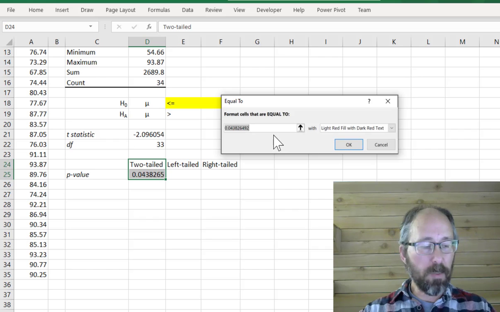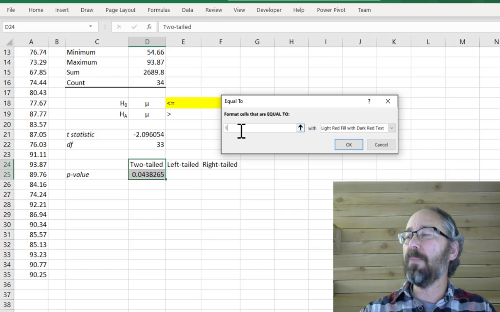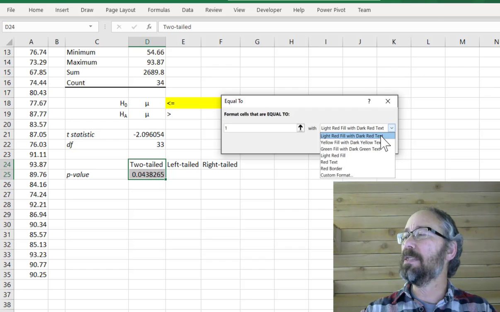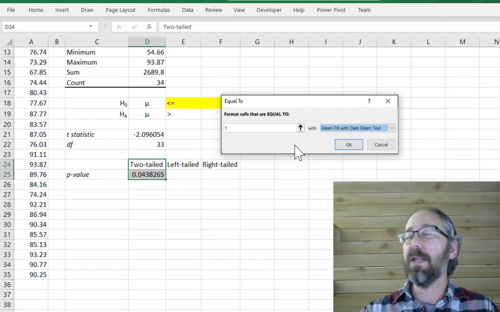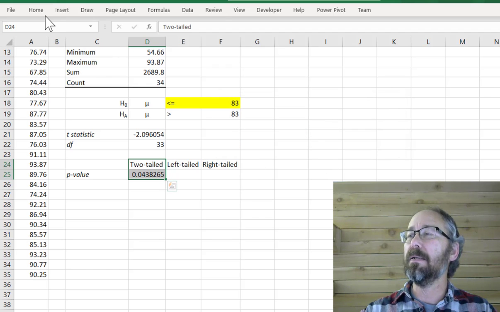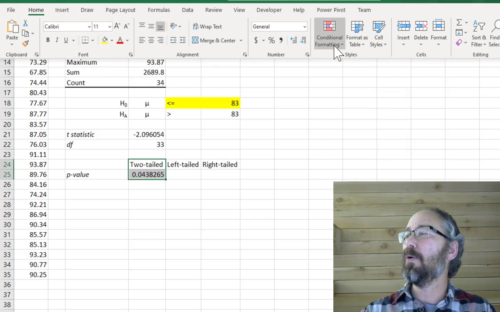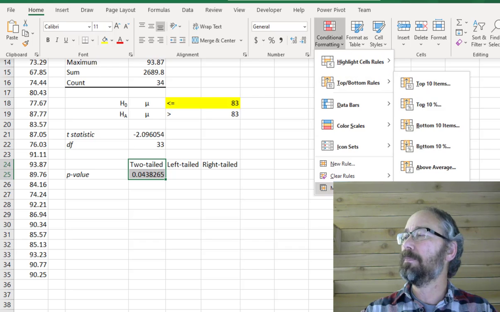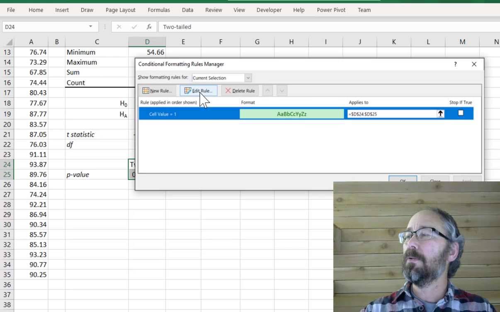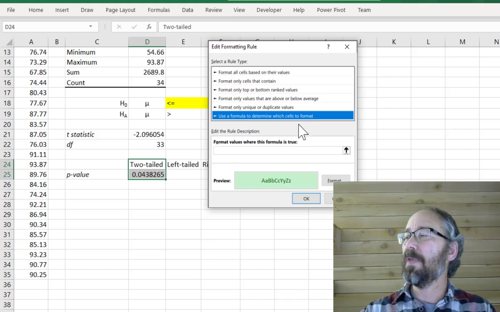Now I've selected equal to, and I'm going to put a 1 here, not because I care about what the value is, and I'll explain later why not. We're actually going to be using a formula, but because I want access to these defaults, I like the green on green, I like the red on red, I can build that in, and then I can go back up here and edit it to insert the formula that I want.